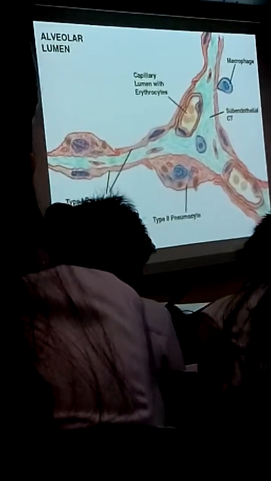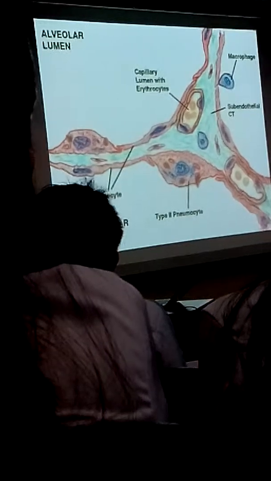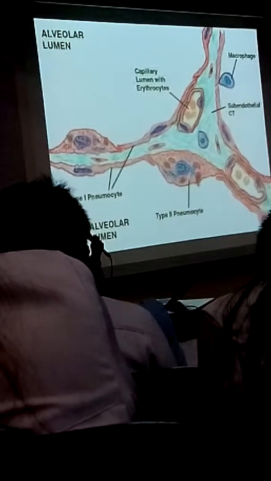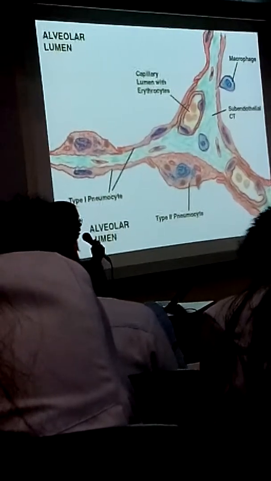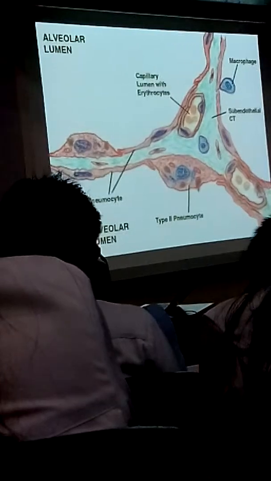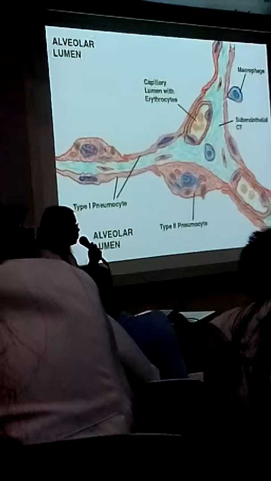So what is the function of your type 2 pneumatocyte? It secretes surfactant, and it also serves as a progenitor cell of both type 1 and type 2.